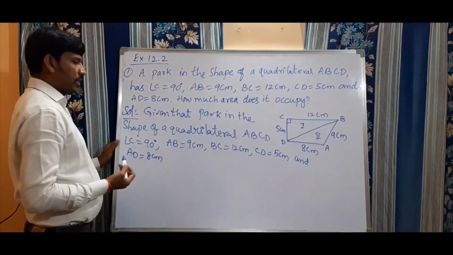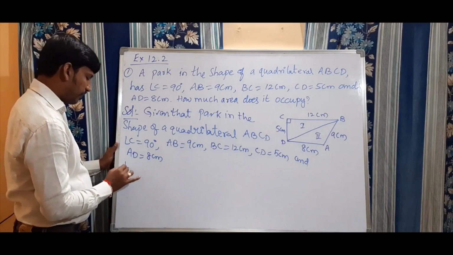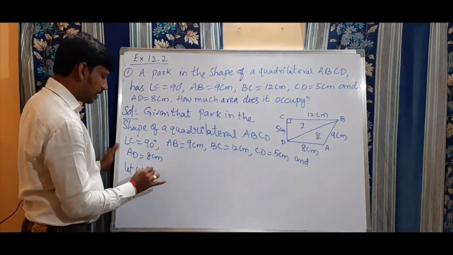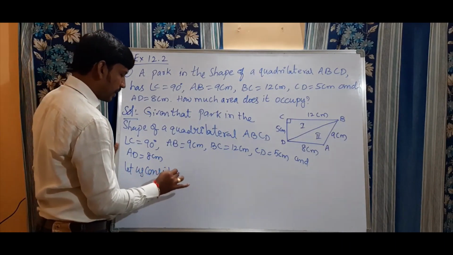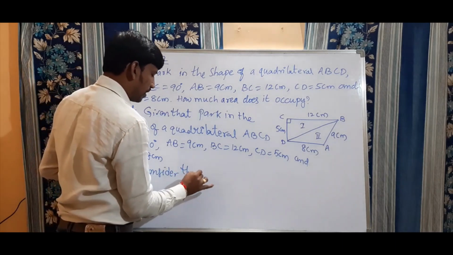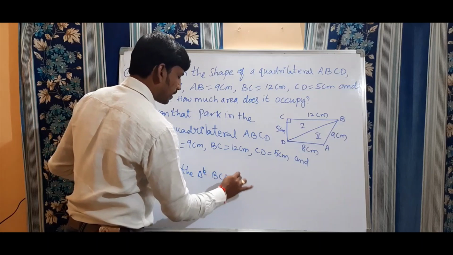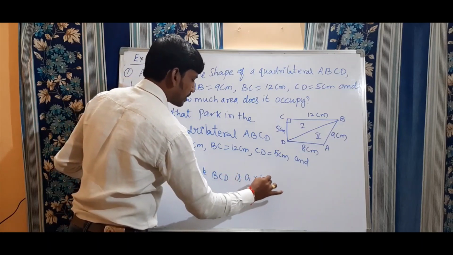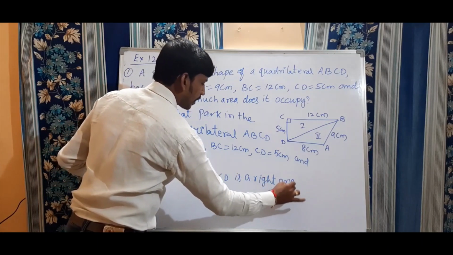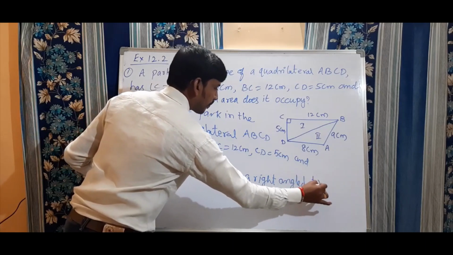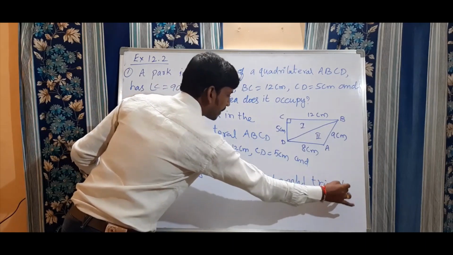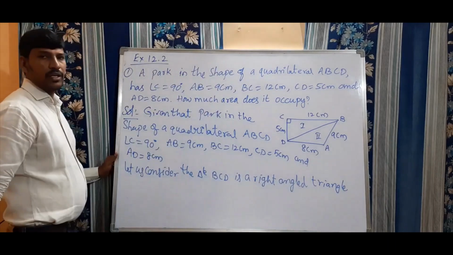And now see this here. Now let us consider the triangle BCD, a right-angled triangle. Clear? By using Pythagoras theorem, right-angled triangle.